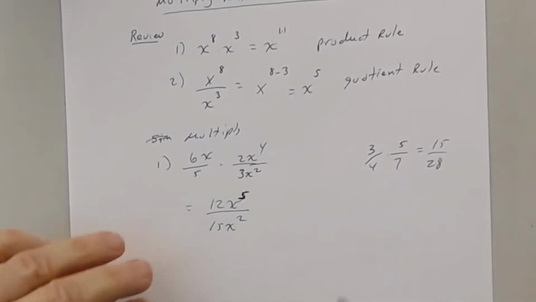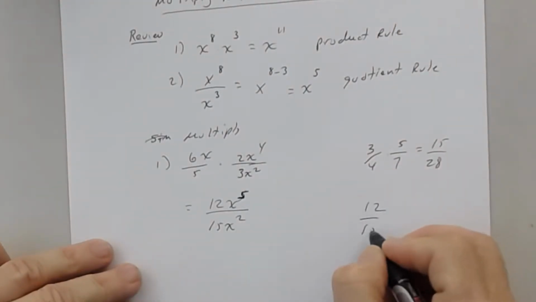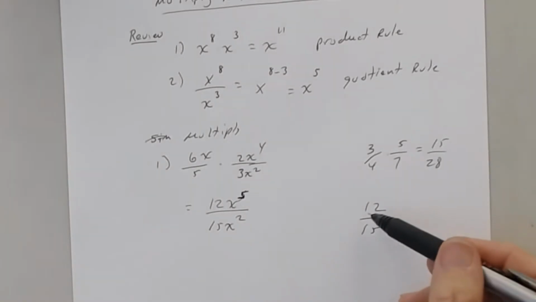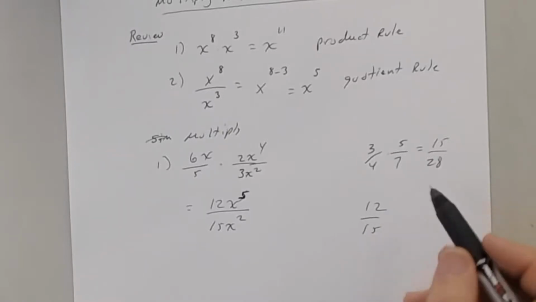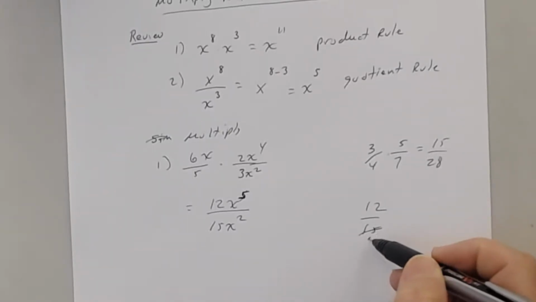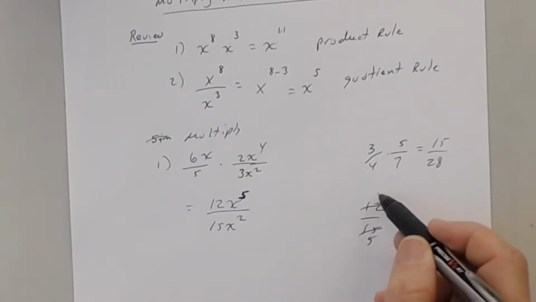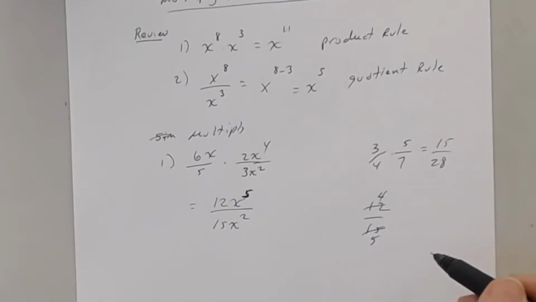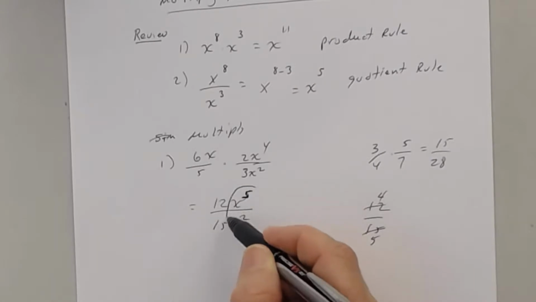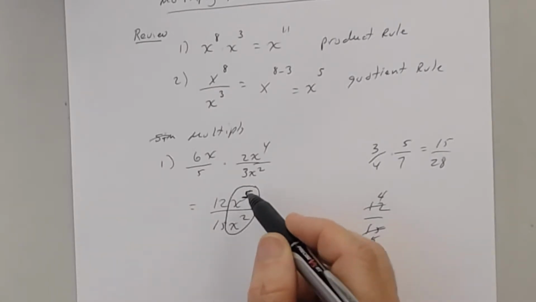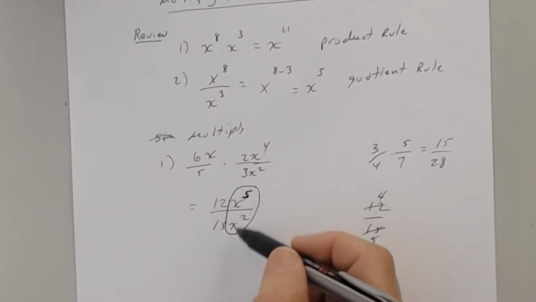So for example, if I look at the 12 and the 15 for the moment, can I reduce 12 15ths? Do 12 and 15 have a common factor? 3. 3 goes into 15 5 times. 3 goes into 12 4 times. Now I'm going to circle these two factors, the ones that have base x.